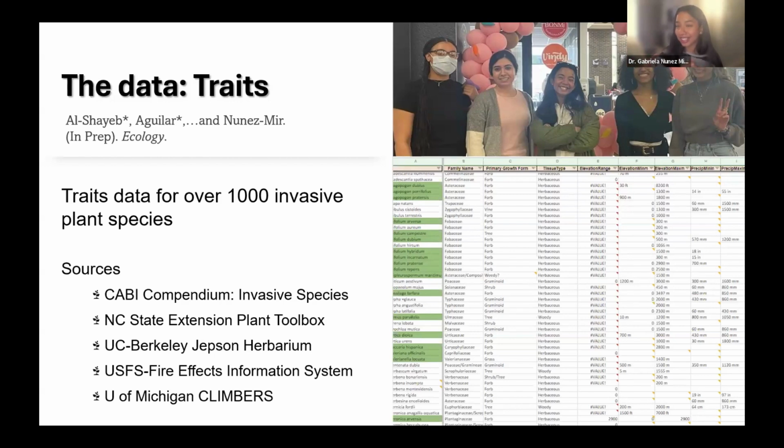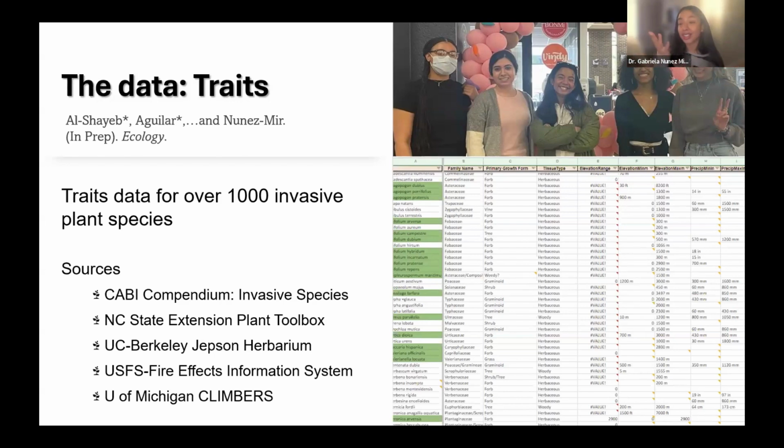So we're talking about fact sheets. I'm sure many of you have seen them or produced them yourselves. So we went to sources such as the CABI Compendium. We visited North Carolina State's Extension Plant Toolbox, the Gypsum Herbarium data set, the USFS Forest Service Fire Effects Information System, and the University of Michigan Climber.